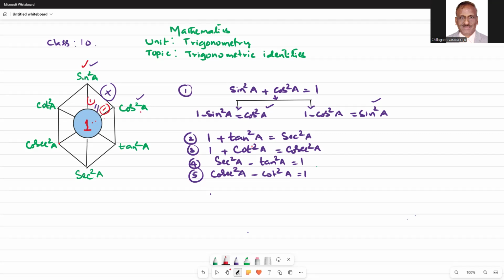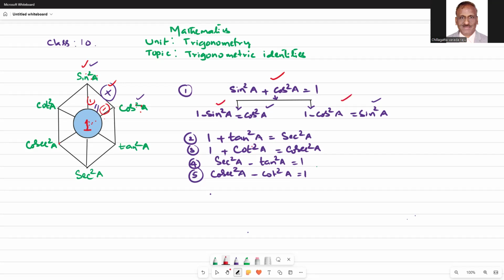So these three formulas you can learn by considering the trigonometric functions on two consecutive vertices in the figure. That is, sin square a plus cos square a is equal to 1, 1 minus sin square a is equal to cos square a, and 1 minus cos square a is equal to sin square a. So the first identity we have completed along with its two sub-formulas.